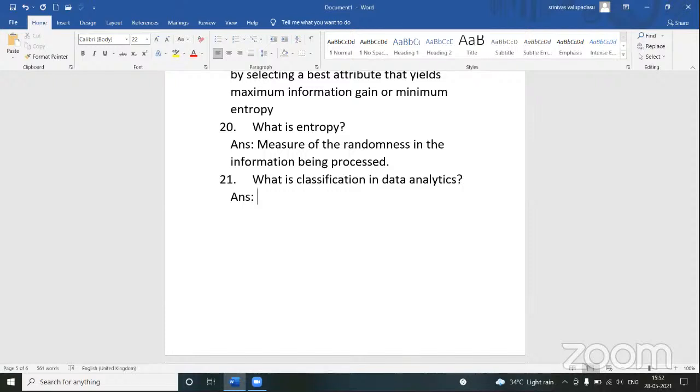Classification is a category of supervised machine learning methods in which the data is split into two parts, that is a training set and a validation set. So this is classification in data analytics.